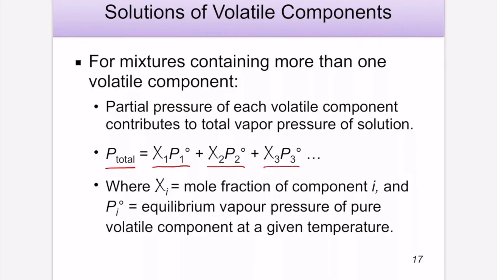So we're just adding the partial pressures together, and the partial pressure of each component is being calculated by determining the mole fraction of each of the components and multiplying it by the vapor pressure of the pure component.